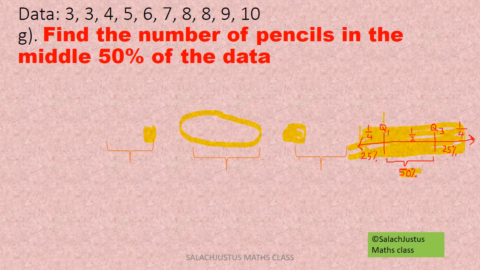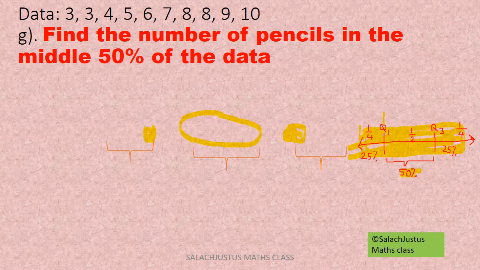Find the number of pencils in the middle 50% of the data. So where is the middle 50% of the data? Let me just highlight. I have some description here, and I have a straight line describing our set of data.